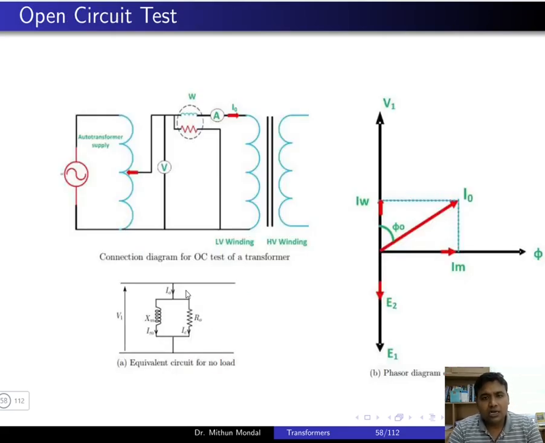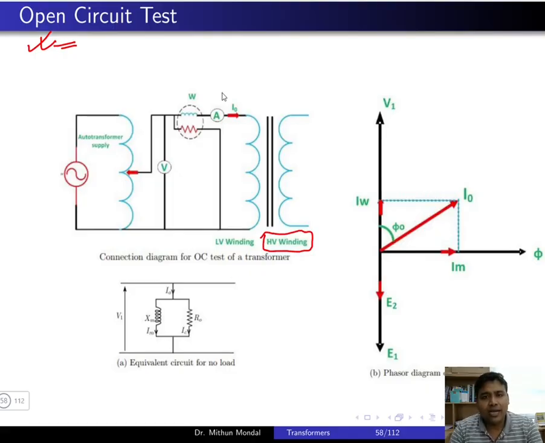Now let us first start with the open circuit test. As the name suggests, some side has to be open. The first thing to note from the open circuit test is that we keep the high voltage winding open.